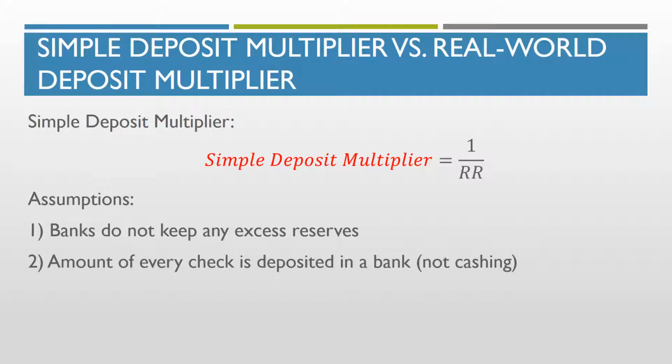Number two, we assume the amount of every check is deposited in the bank. So no one wants to keep cash. Even the salesman who received the money by selling the car, we assume the salesman will always deposit the total amount that he received into the bank, which again, people usually will want to keep some cash on hand.